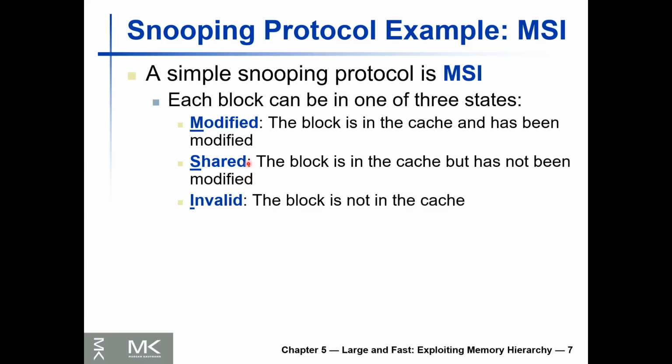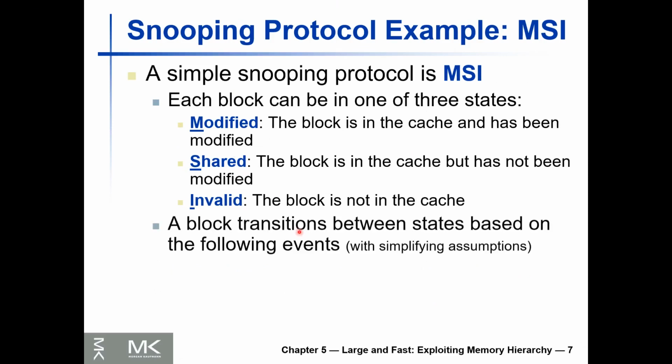Finally, the modified state is where a block is in the cache and we've also modified that block, like the example where core A wrote 5 to X. When a block is modified by a certain core, it should not be in other caches, because then it would be incoherent. So these are the three states.